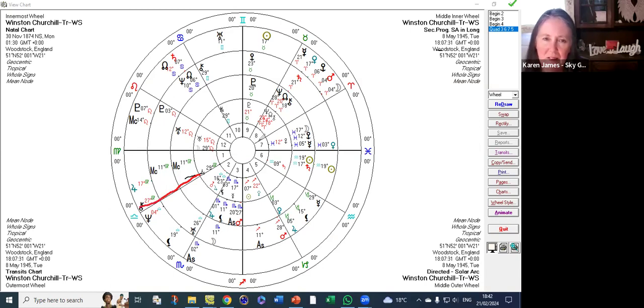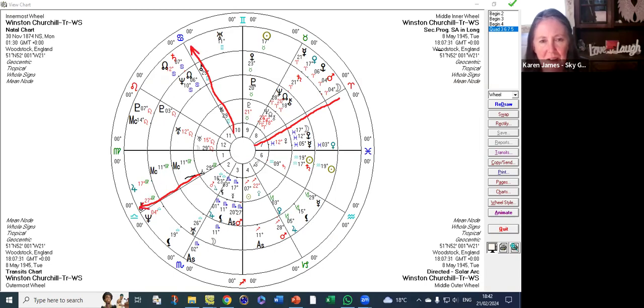And the descendant is going to lie opposite at 29 degrees of Pisces. There. And then midheaven here sitting at 29 Gemini. So there's our midheaven. We'll just put an arrow on these.